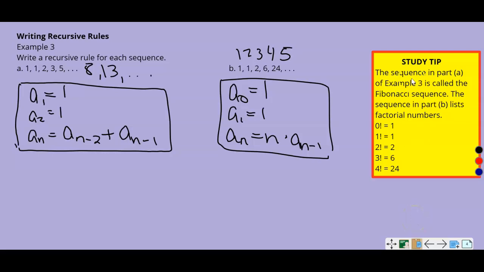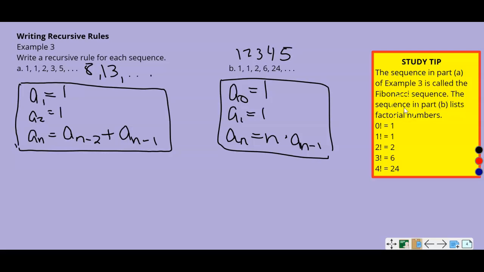All right, and here's a study tip. The sequence in part A of example 3 is called the Fibonacci sequence. If you don't know what the Fibonacci sequence is, that's a sequence that shows up naturally in a lot of things in nature, and just everywhere you look, you'll see things that have to do with the Fibonacci sequence. So if you're interested in looking up something, look up Fibonacci sequence.